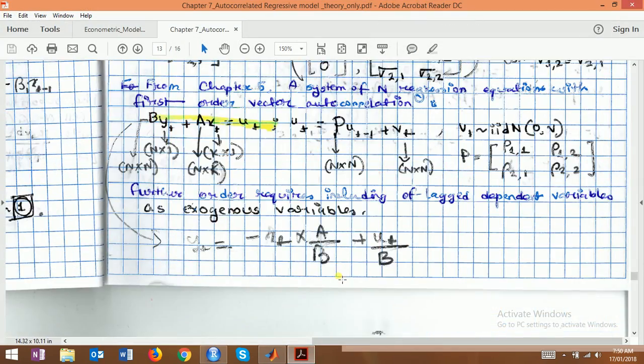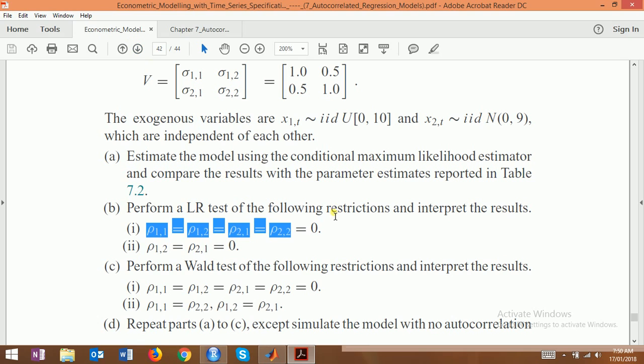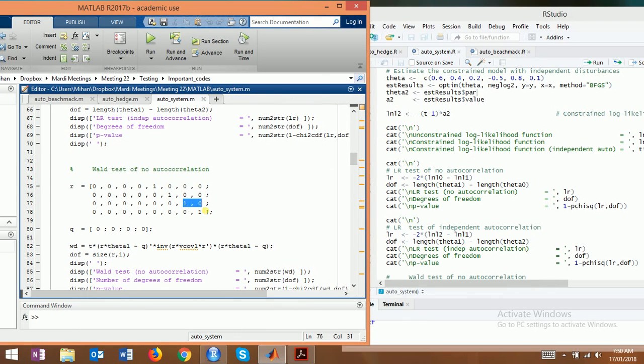Then it will follow the structure: 1 1 row, 1 2 row, 2 1 row, 2 2, because we are constraining the rows in the Wald test.